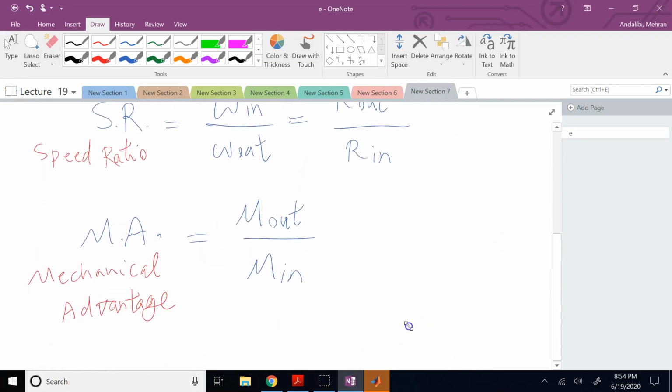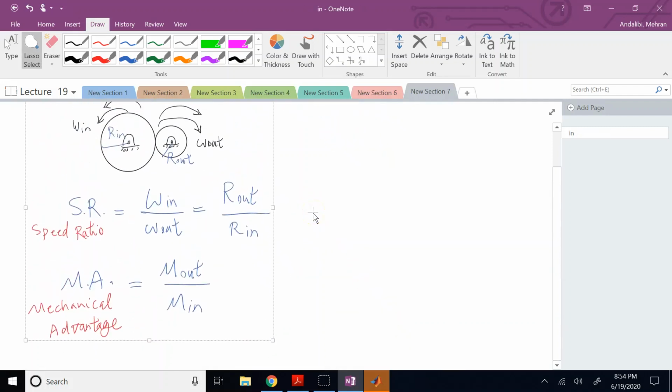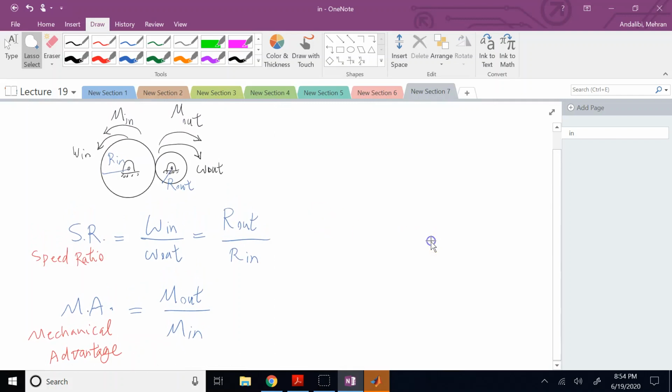Good. There we go. Now, if you remember, we also have some power in, and we have what? Some power out, right? So power in and then power out.